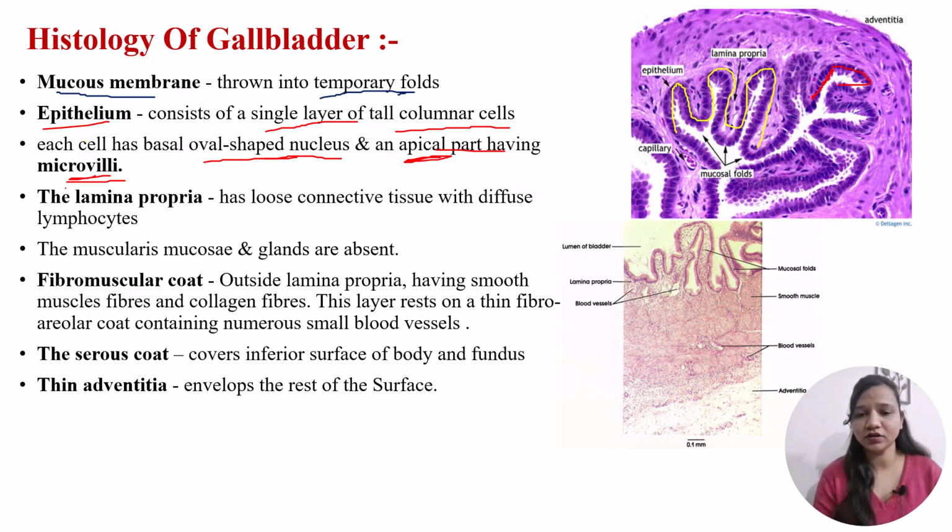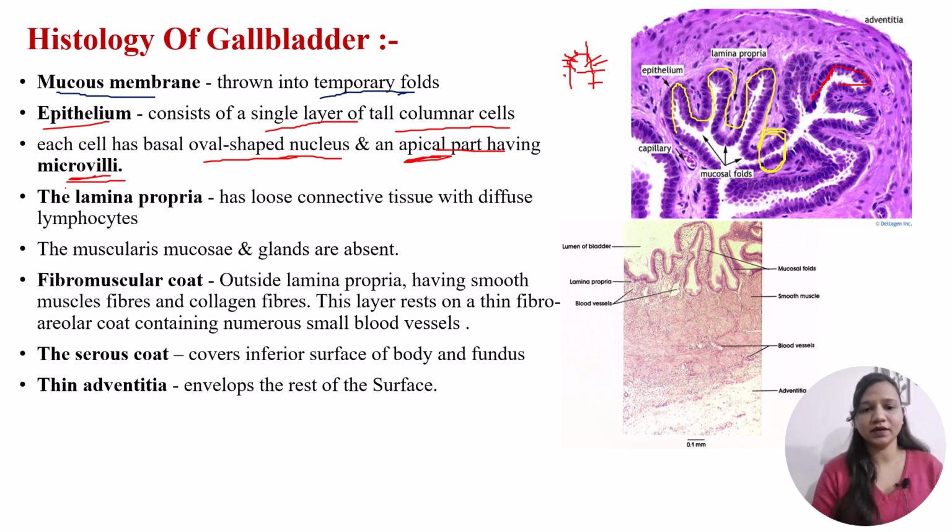As you can appreciate here in this picture, you can see the brush like structure. Suppose this is the tall columnar cell, and at the apex of this cell many microvilli are present, like this, brush like structures.